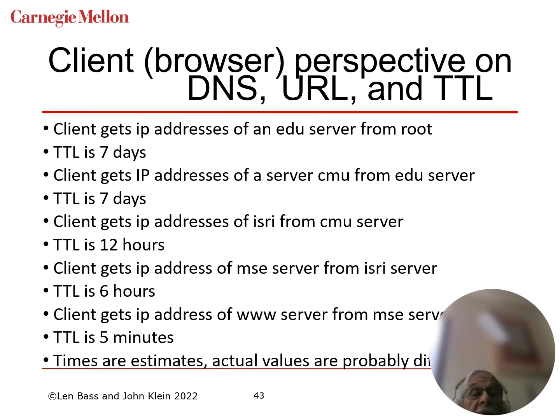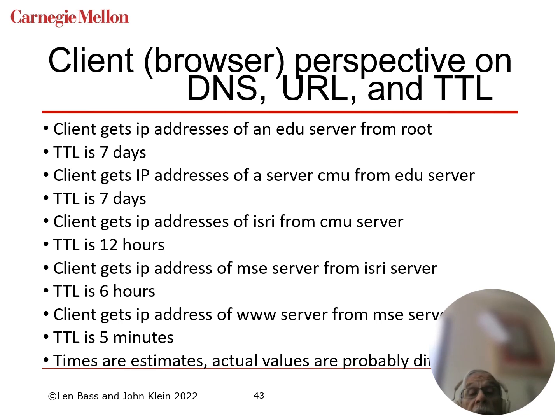So from your client's perspective, the client gets the IP address of the EDU server. Again, the client would go to the root, it would come back to the client and give it the address of the EDU server. And then the client would go to the EDU server and get the address of the MSE of CMU and so on. And it would cache these things. So the TTL of the root server or the EDU server is 7 days.